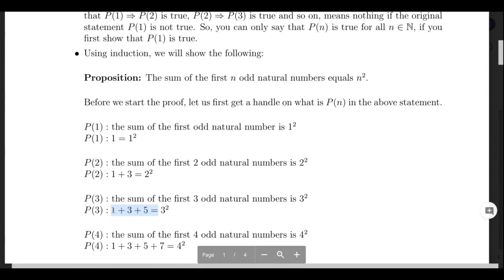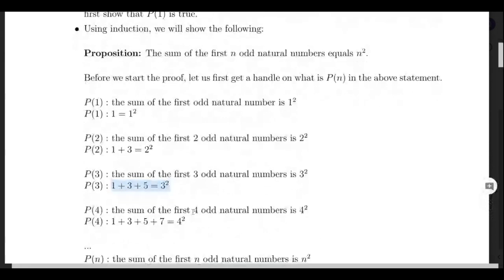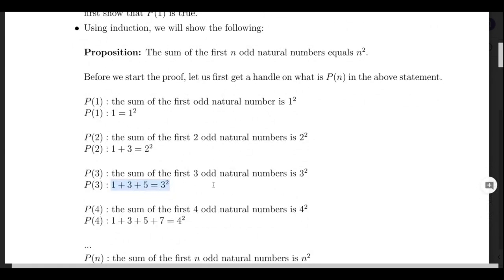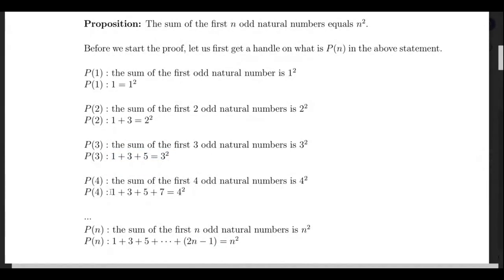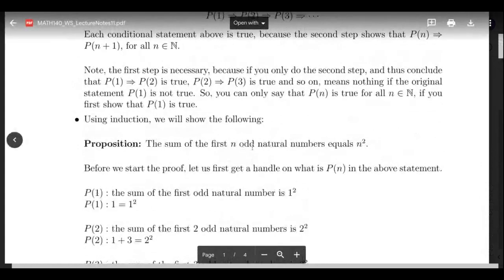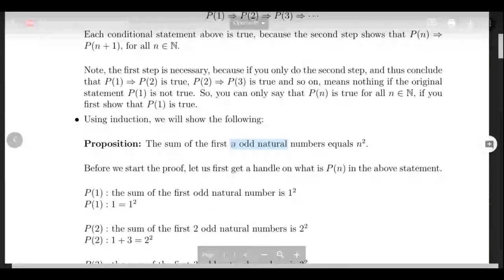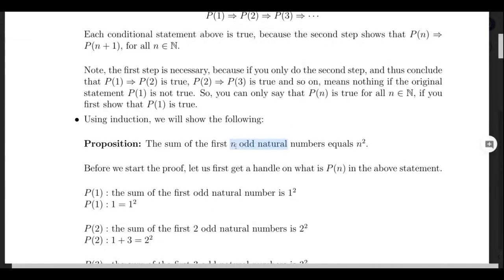The first 3 odd natural numbers are 1 plus 3 plus 5, which is 9. 9 is 3 squared. The first 4 odd natural numbers are 1 plus 3 plus 5 plus 7, which is 16. 16 is 4 squared. You see, that fits into this, right? And we add up the n odd natural numbers, that equals to n squared.